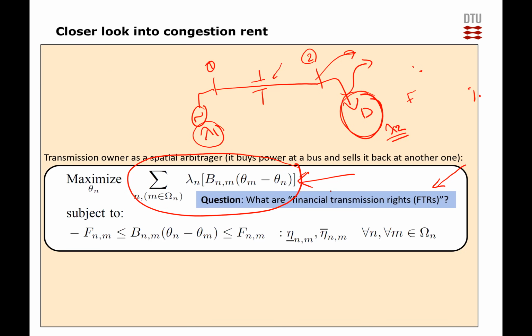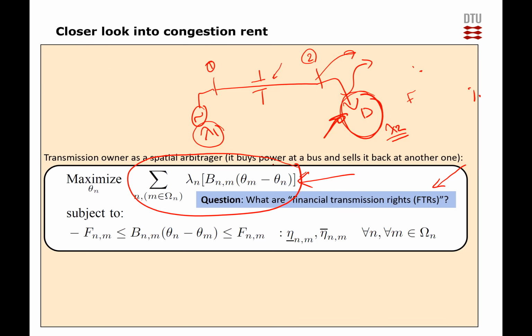So now let me explain, or maybe you can explain to me, what the benefits of FTR are for the demands here and for the transmission system owner. Why it's a good idea to have FTRs. Yes, of course, Mehdi, if there is no congestion, no one will buy FTR, definitely. So for demands, what's the point of FTR?